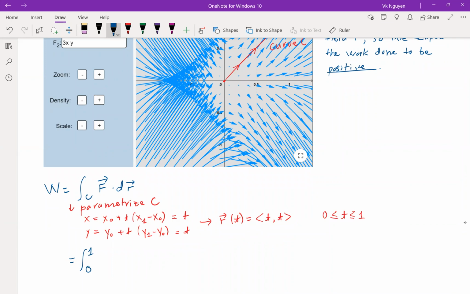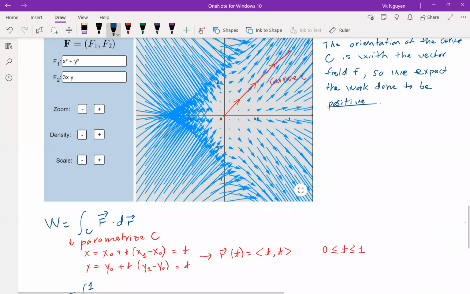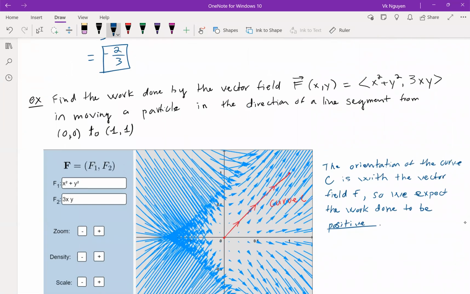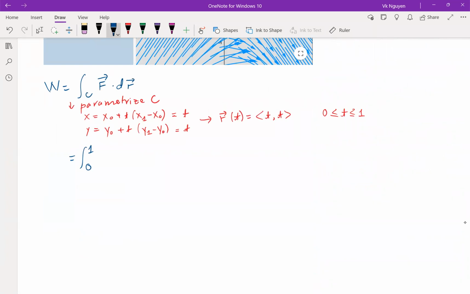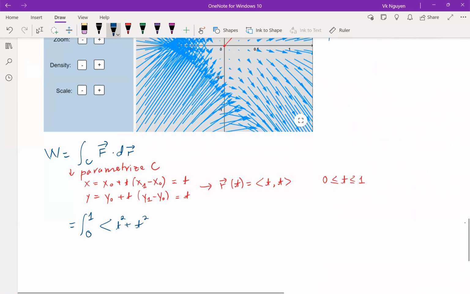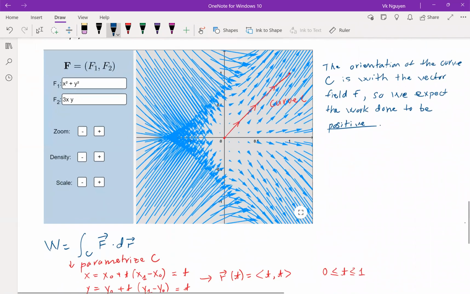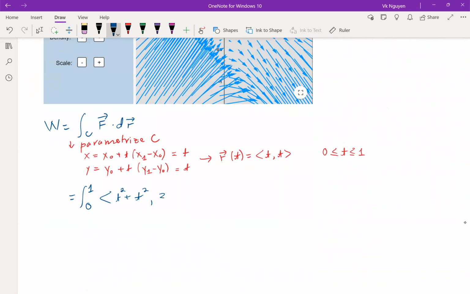Okay, for F, I'm going to do a substitution here. Look at this F, x squared plus y squared times 3xy. So that would be x squared plus y squared, and then the other one is going to be 3xy.